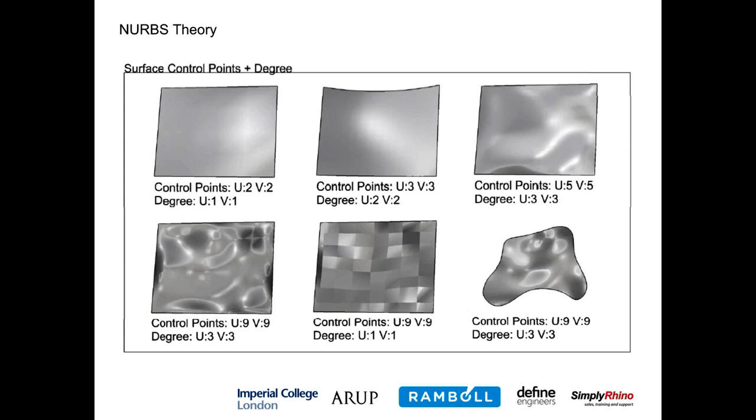So they have control points in 2 directions, and they also have a degree in 2 directions. And one thing that's important to know about surfaces when you trim them, such as this last shape here, is that curve there has exactly the same set of control points as these 2 surfaces here.